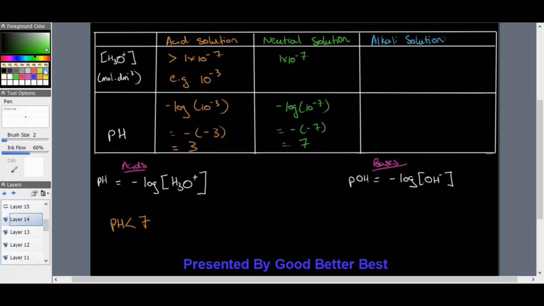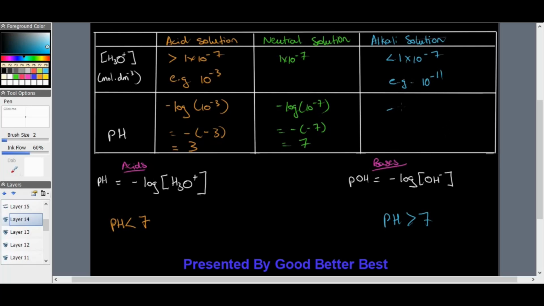I know it's neutral. But for alkali, we also know the pH is going to be greater than 7. So, for example, we have 10 to the minus 11, which is obviously smaller than 10 to the minus 7, of course.